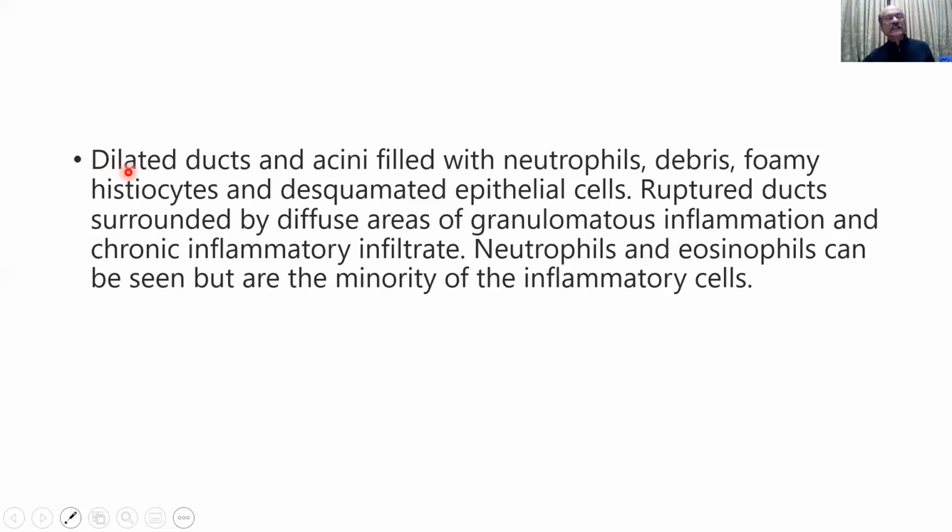The clue is the dilated ducts and acini filled with neutrophils, debris, foamy histiocytes, and desquamated epithelial cells. Ruptured ducts produce granulomatous inflammation and chronic inflammatory infiltrate.